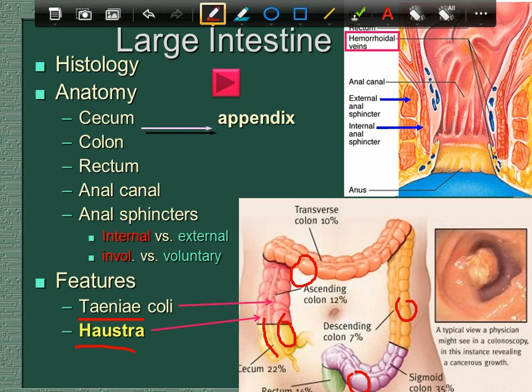I'm going to draw it along, this strip. You can see it looks like a band, and it pulls the entire large intestine into these pouch-like structures. You can see that band right here, for example, and you see the band right there in between the two red lines.